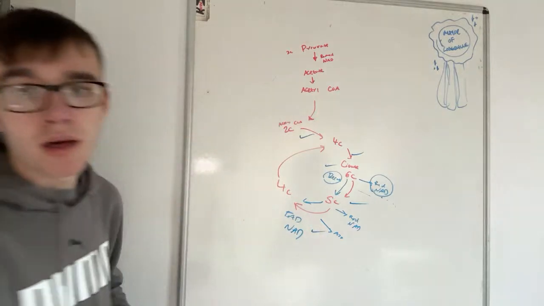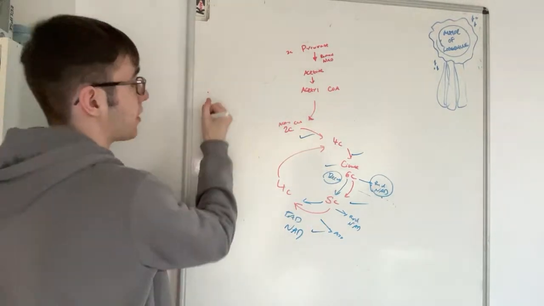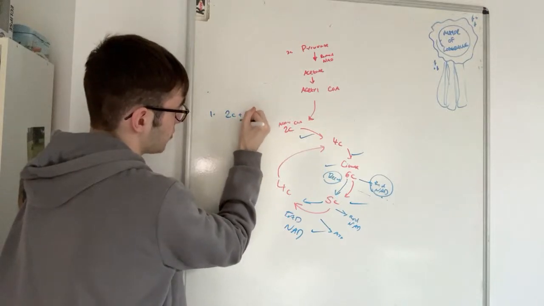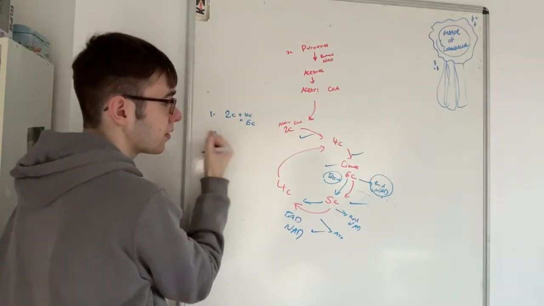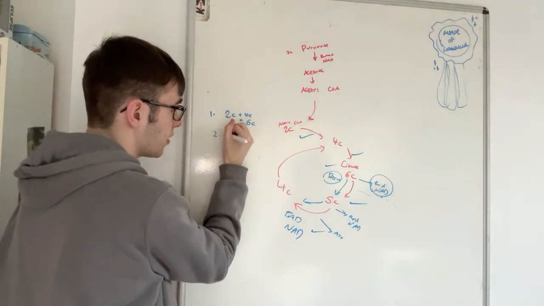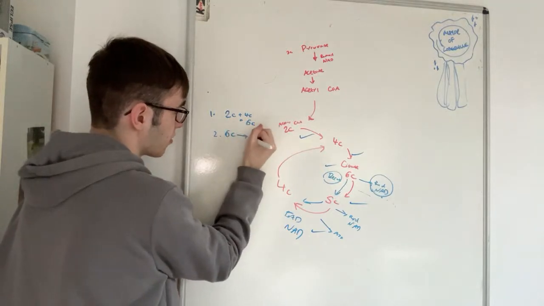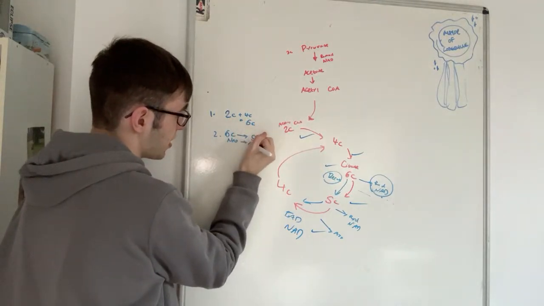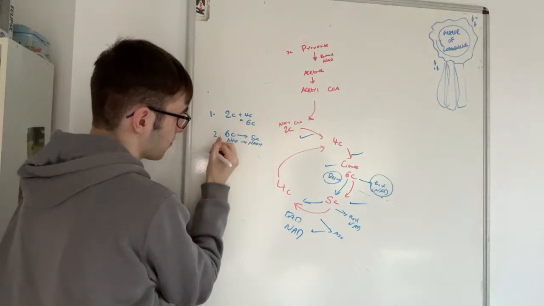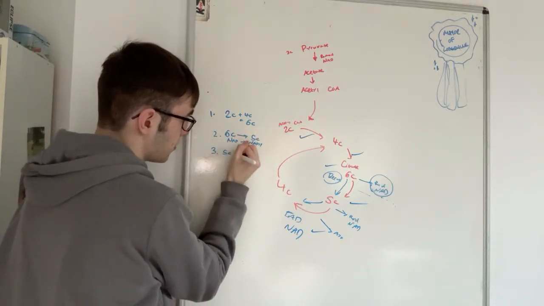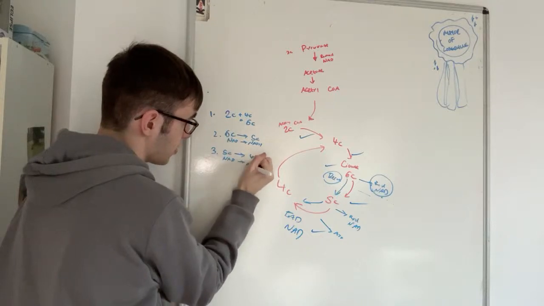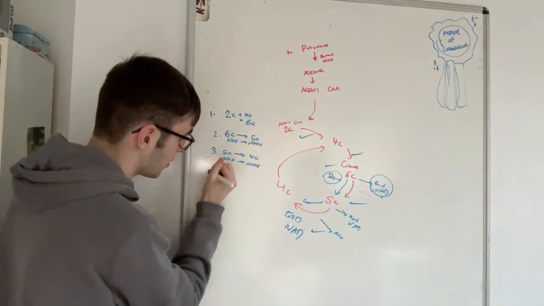Okay, so this is somewhat similar then. It is 2 carbon plus 4 carbon equals 6 carbon. We're going to have 6 carbon going into 5 carbon and NAD into NADH. 5 carbon going into 4 carbon, NAD into NADH.